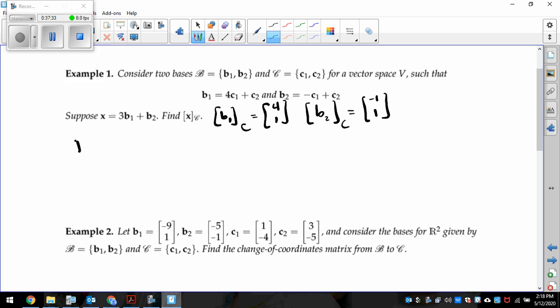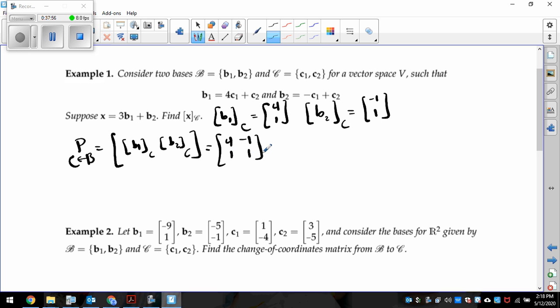And so now P going from B to C, if I change the coordinates from B to C, that's going to be B1 written in terms of C, B2 written in terms of C, and that's going to be 4, 1, and negative 1, 1. Then we can multiply any vector's B coordinates by this matrix to get its C coordinates. So we'll write the vector x.